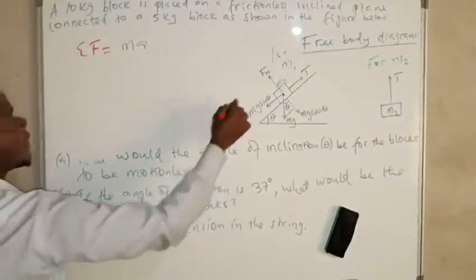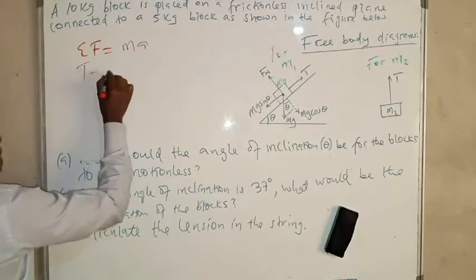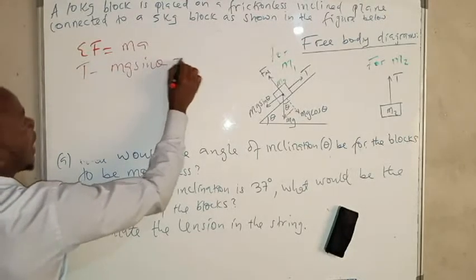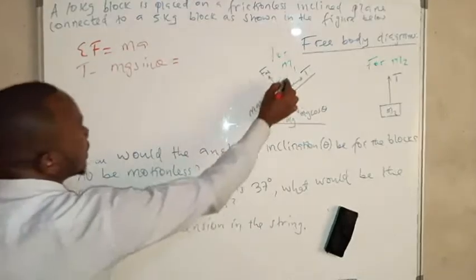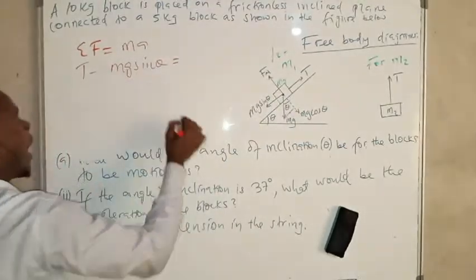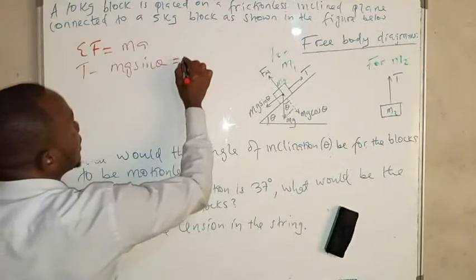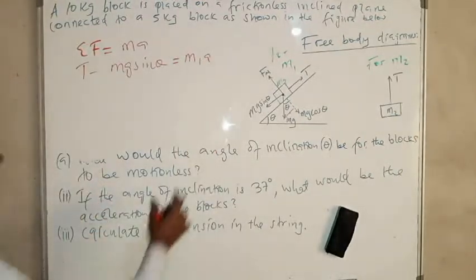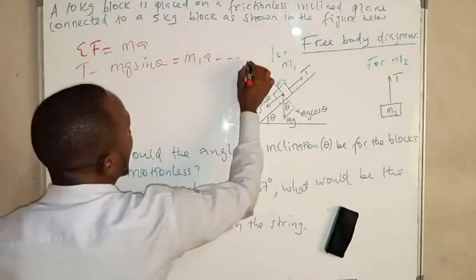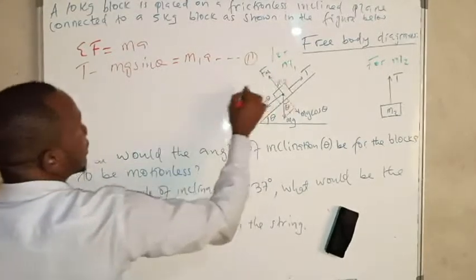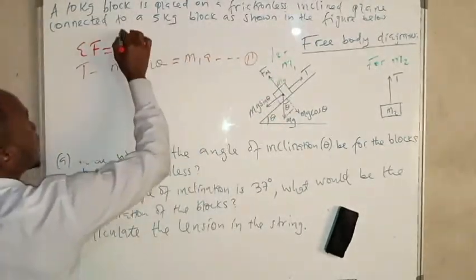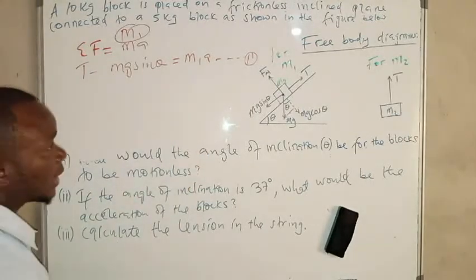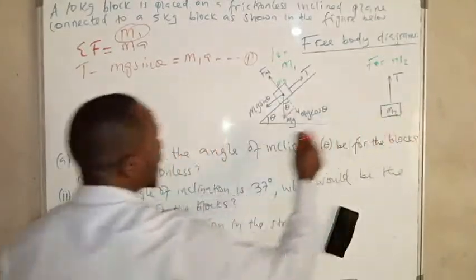So we have T minus m1 g sine theta equals m1 a, since this is mass 1. Let us call this equation number 1, and this is for mass 1.